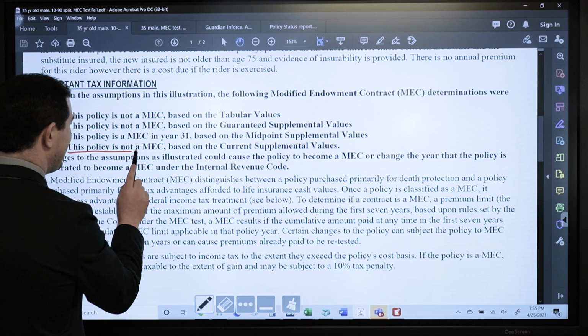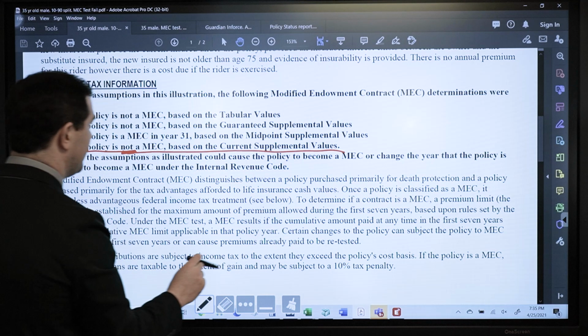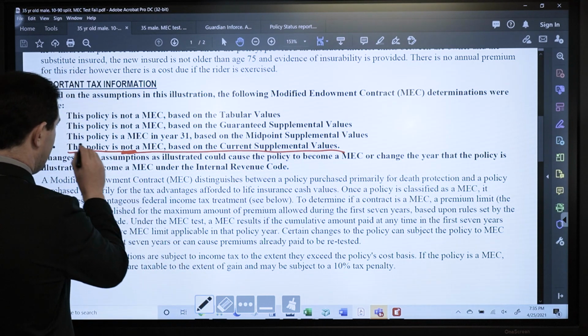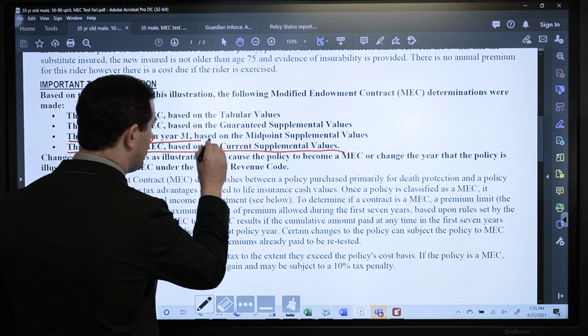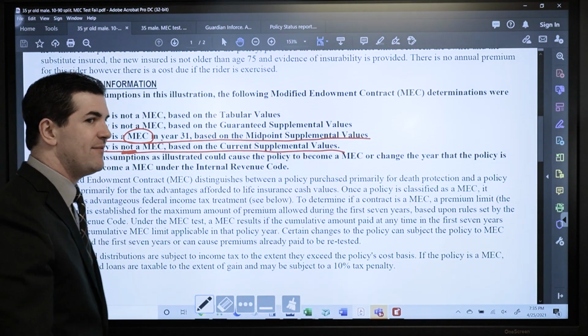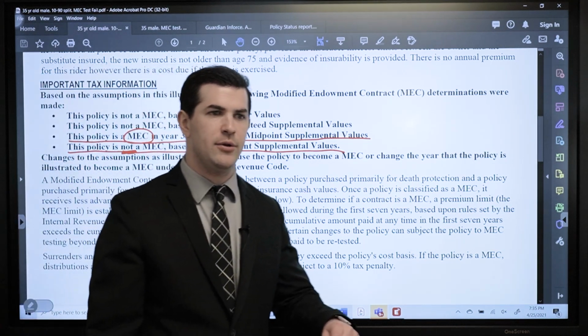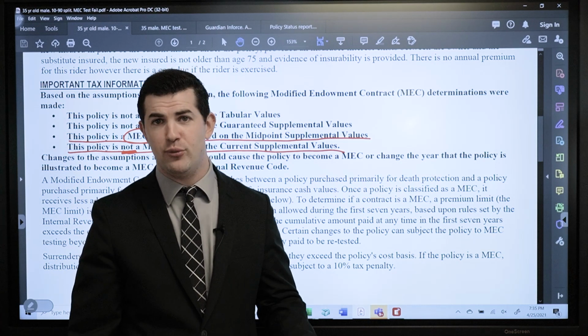This policy is not a MEC based on the current supplemental values. This policy is a MEC in year 31 based on the midpoint supplemental values, meaning if the dividend rate comes down, we'll run into a modified endowment contract in this example, year 31.